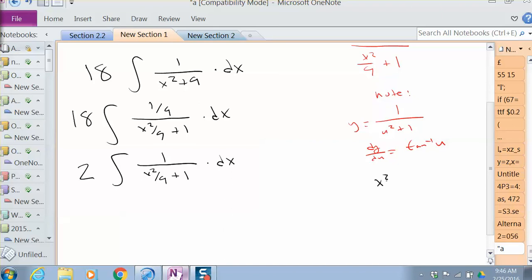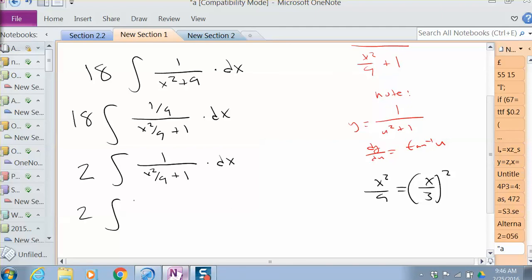X squared over 9, of course, is x over 3 squared, right? I don't think you guys would think to do this, but hopefully you can at least follow the algebra. So there's a lot of transformations, substitutions, stuff like that.